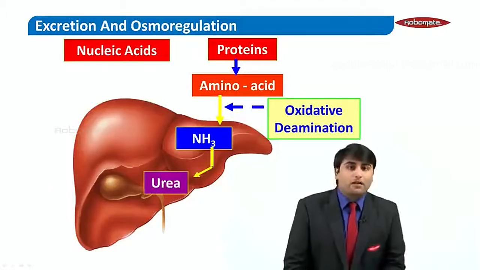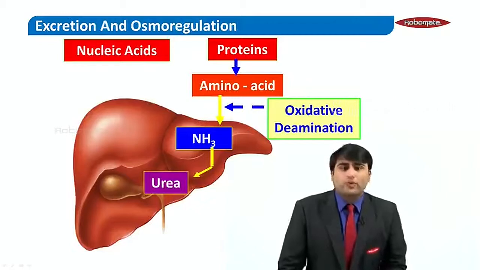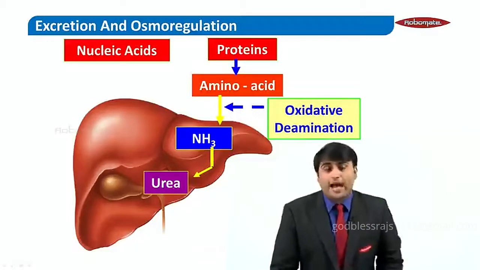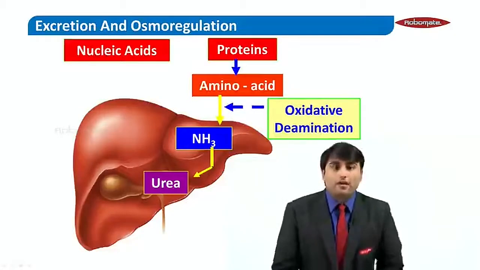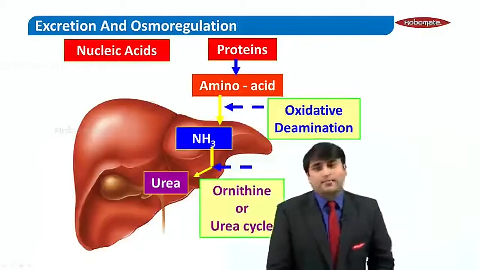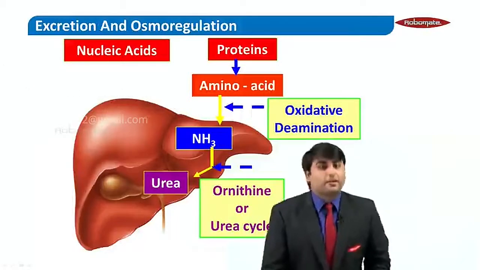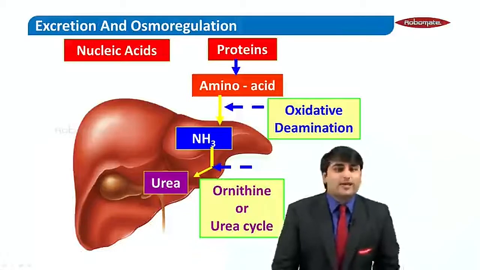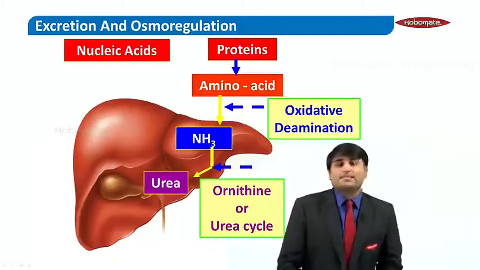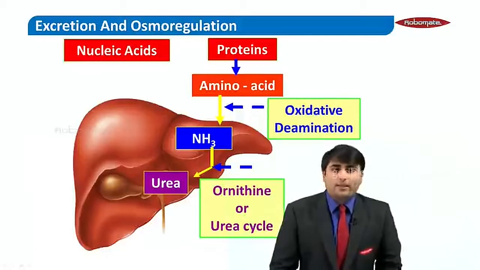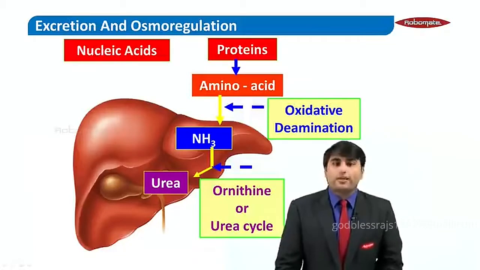So we convert the ammonia into urea, and the conversion of ammonia into urea happens inside the organ liver via a cycle called the ornithine cycle, and since it is producing urea, it is also called the urea cycle. So ammonia is transformed into urea via a cycle called the ornithine cycle or urea cycle.